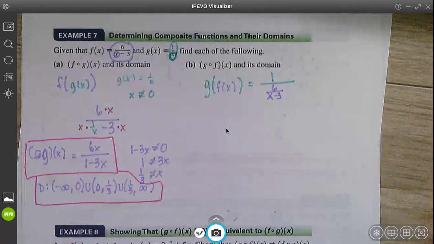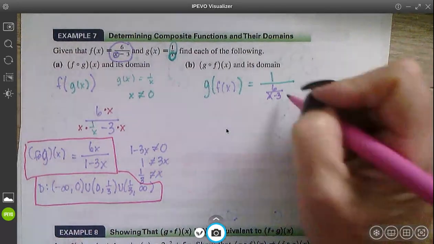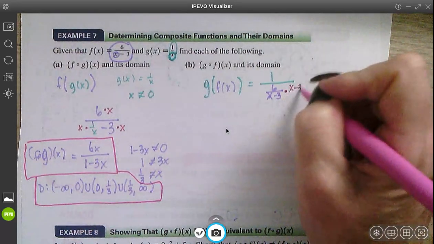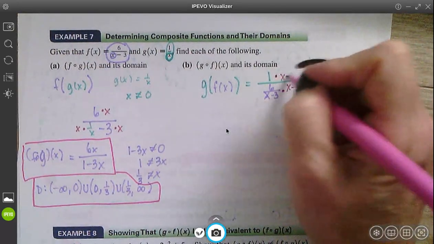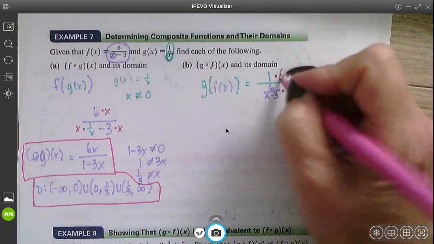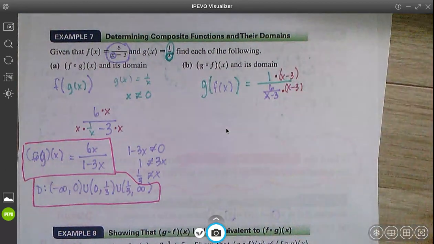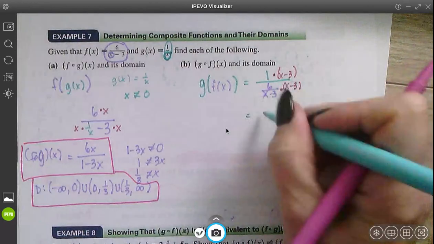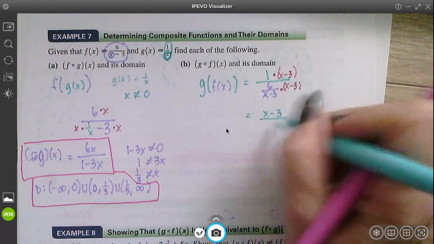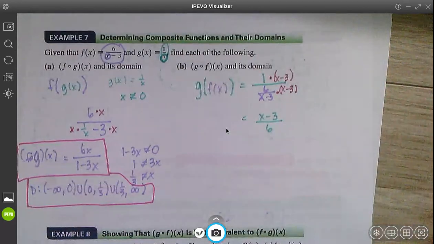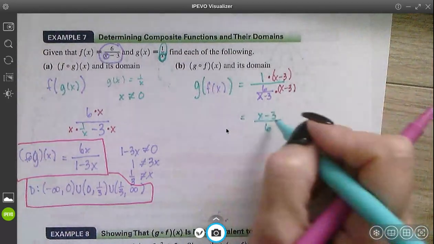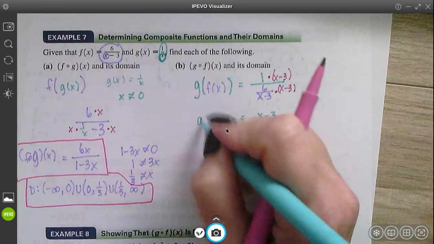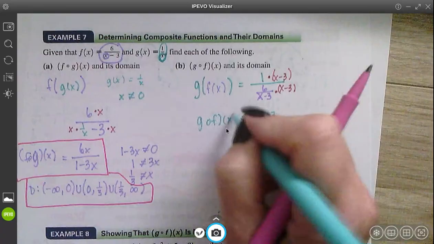Again, I have this little stacky fraction that I need to fix by multiplying each term by x minus 3. So that is going to be x minus 3 in the numerator and 6 in the denominator. So this is the result of g circle f of x.